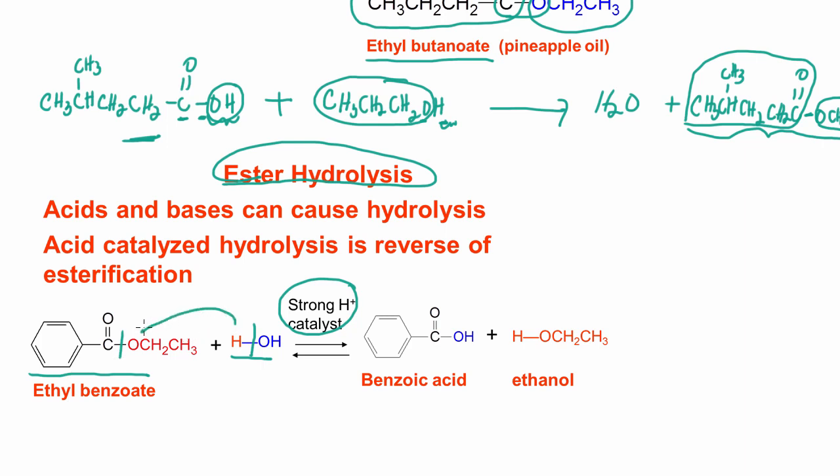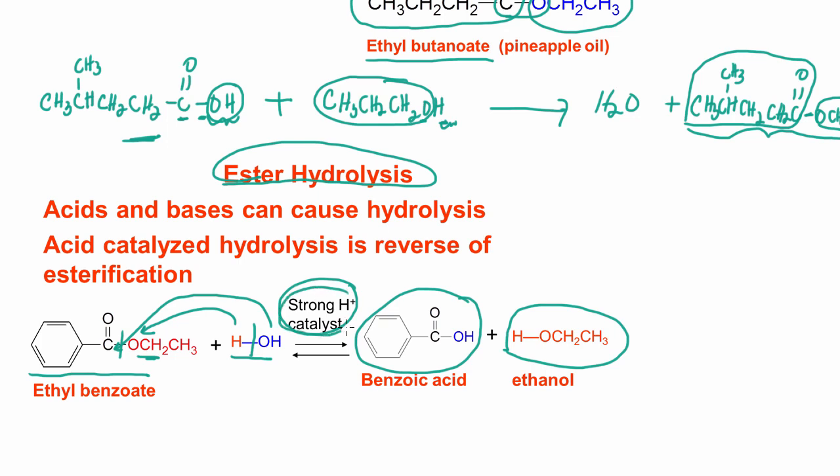The hydrogen is going to go to this part of the molecule, so it will bond to the oxygen there, and then the hydroxide will bond to this carbon here. So what do we end up with? We end up with our alcohol and the acid back. So hydrolysis of an ester is just the reverse of the esterification reaction.